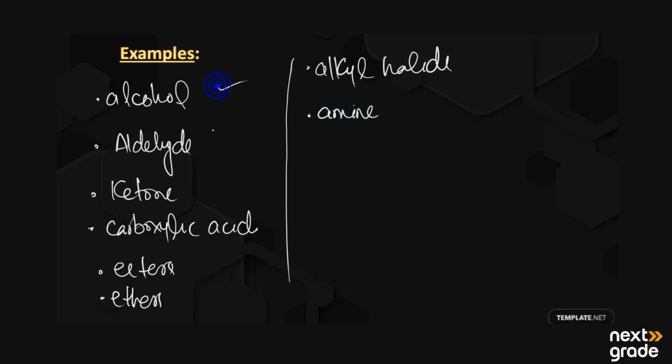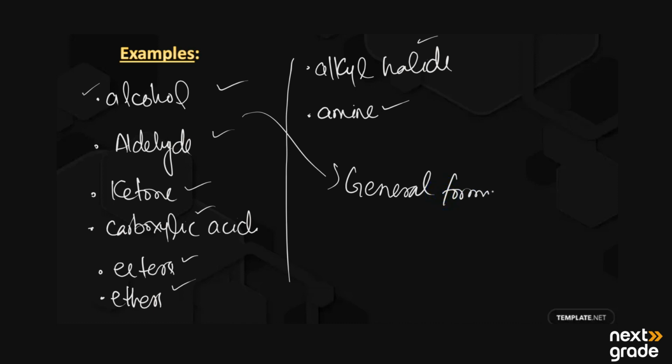So there are a lot of functional groups that are attached to the hydrocarbon part, and they specify the properties of the organic compounds. Each of these, alcohols, aldehydes and ketones, has its own specific general formula.